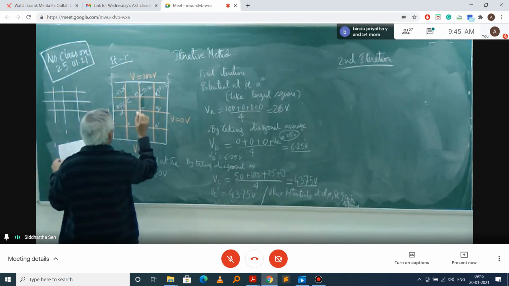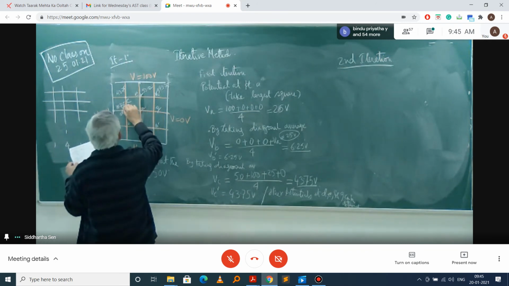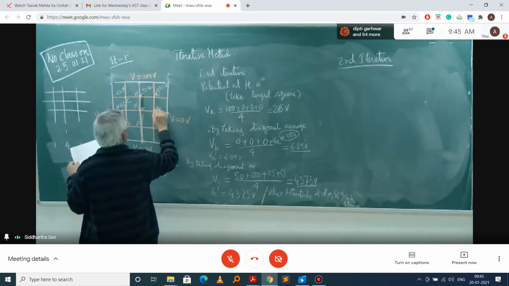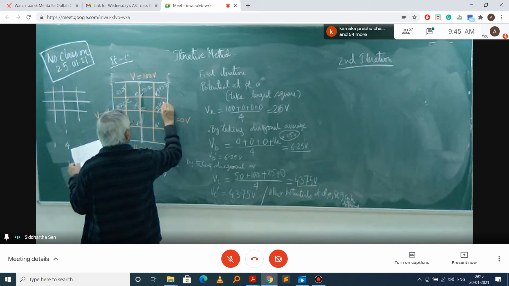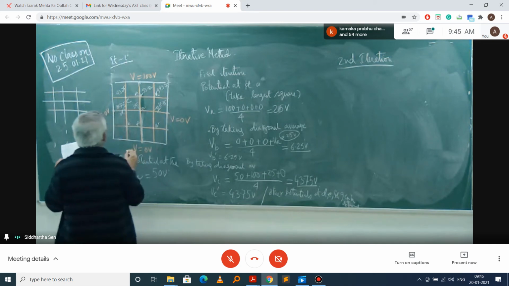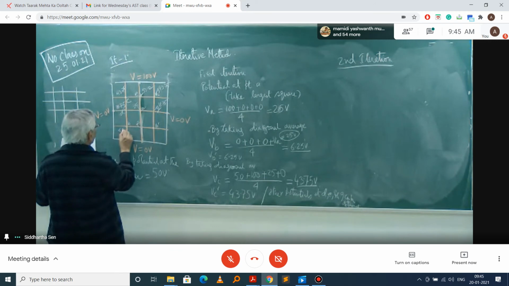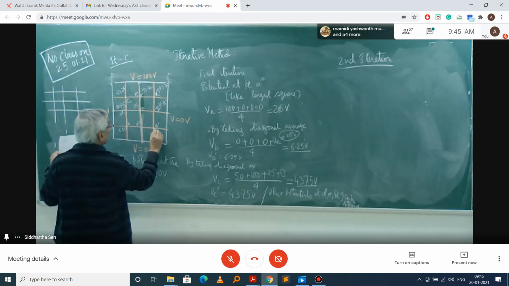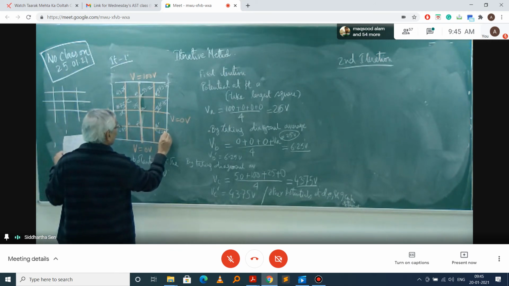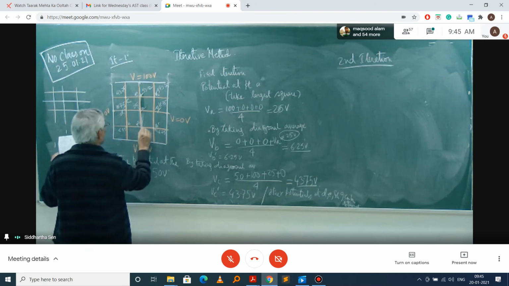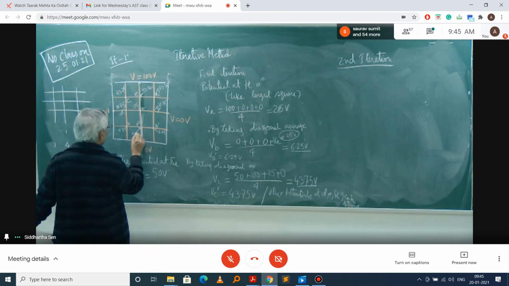Then this A is, we know, 25. And this is also 18.75. And this point, we said that it is 6.25. And here it is 6.25. And this point will be 9.37 volt.